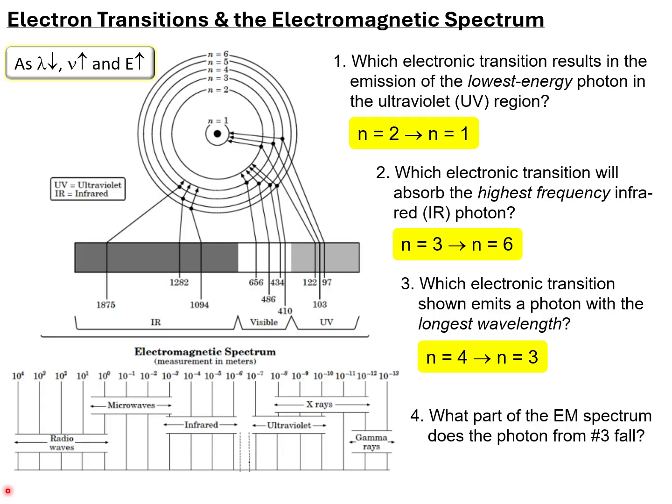Then we got a follow-up question on that. Which part of the electromagnetic spectrum does the photon from number 3 fall in? You can say it's IR, but we can get a little more information. Down here, we can see that the long end of the IR band overlaps with microwaves. So that one could be in just infrared or could also be in microwaves.